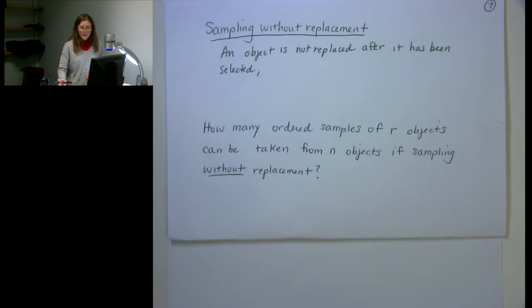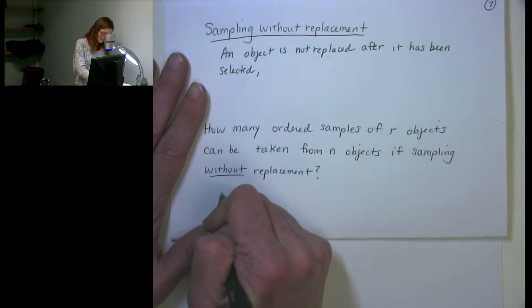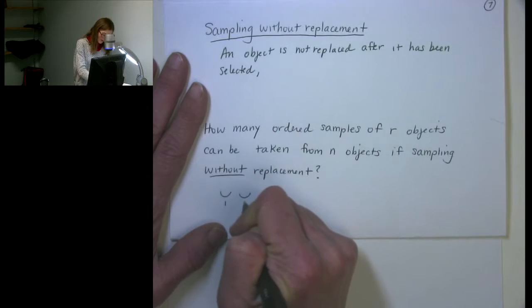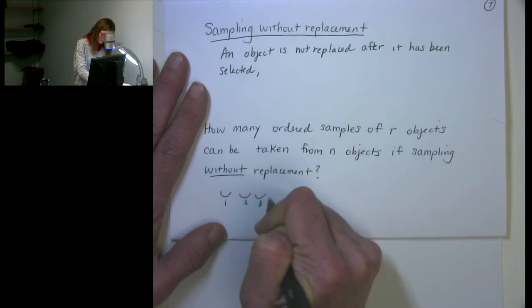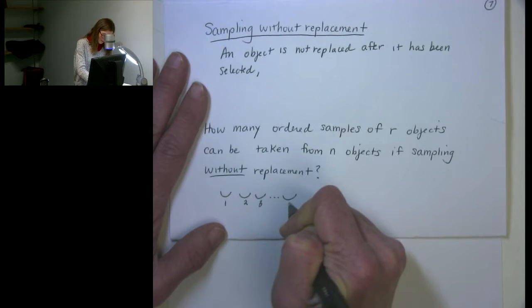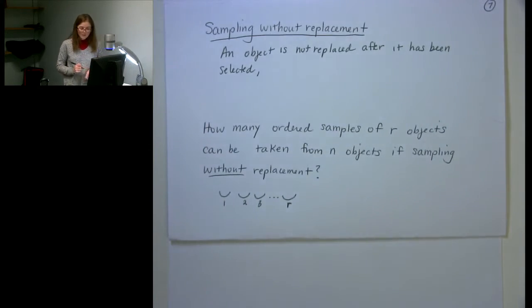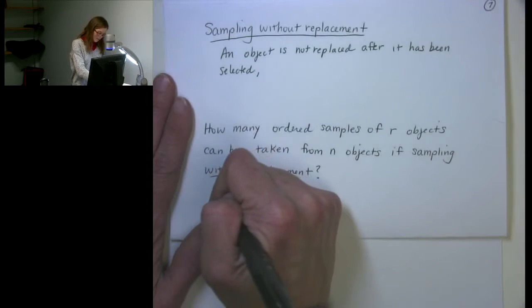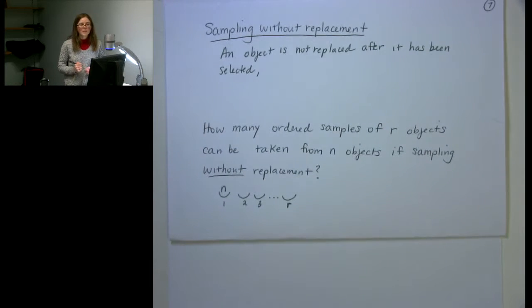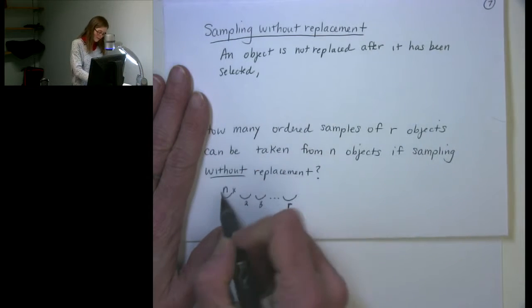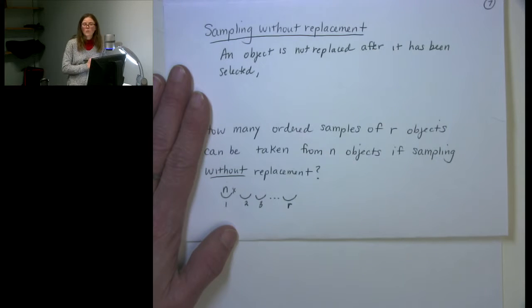So if I'm sampling without replacement, and I want to know how many ordered samples can be taken from n objects, this, remember, is back to the situation where I have r possible slots to fill. For the first one, I have n possible choices, but the next choice I make, I've lost whichever one was chosen first.